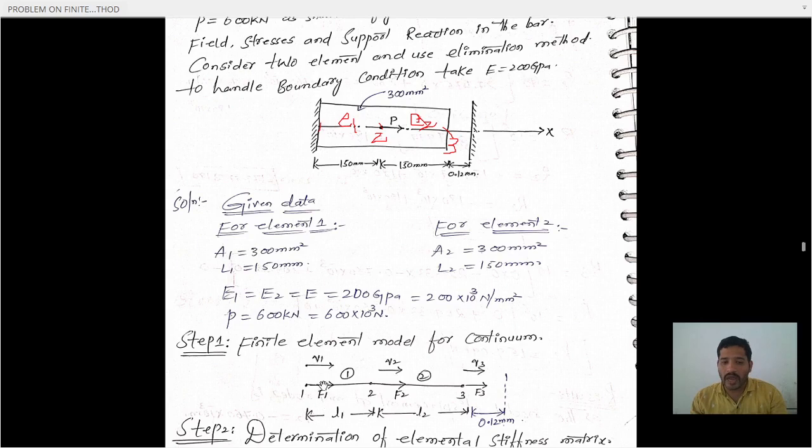The nodal force and the nodal displacement act at point 1. It is represented by F1 and Q1. The nodal force F2 is acting at point 2, and the nodal displacement Q2 is acting at point 2. And the nodal force F3 is acting at point 3, and the nodal displacement Q3 is acting at point 3.